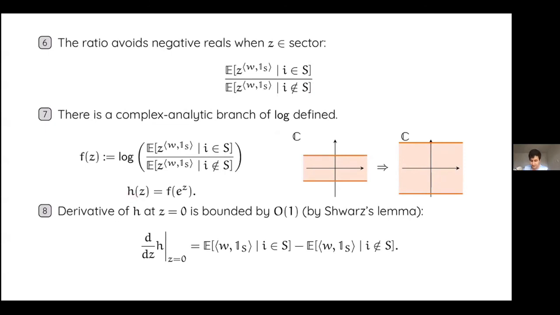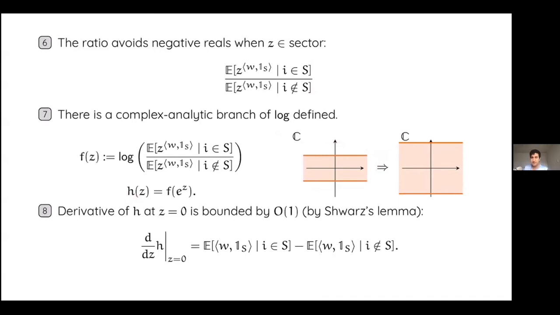And if you follow everything through, F would map things that are inside the sector to the image of the log function, which is like a band in the complex plane like this. When you do this substitution, the sector becomes a narrower band. So now you have a function that maps a narrow band like this to a slightly larger band like this. Now the quantity we were after, the difference of the expected inner product when you condition and when you don't condition, would become the derivative of this function H at around the point Z equals 0.